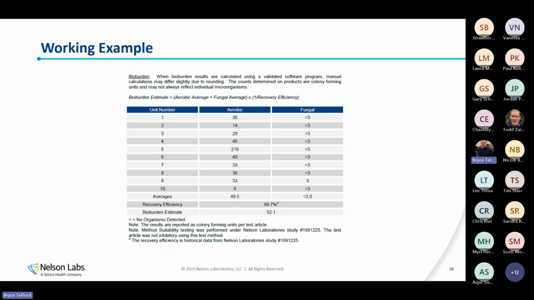Yes. So to put that into perspective for the group, when we talk about setting alert and action levels, how we set those is going to vary based on our sterilization. For something like EO sterilization, 150 CFU, 200 CFU, 250 CFU sound like big changes, but in the aspects of something like EO, they're actually all in the same log.